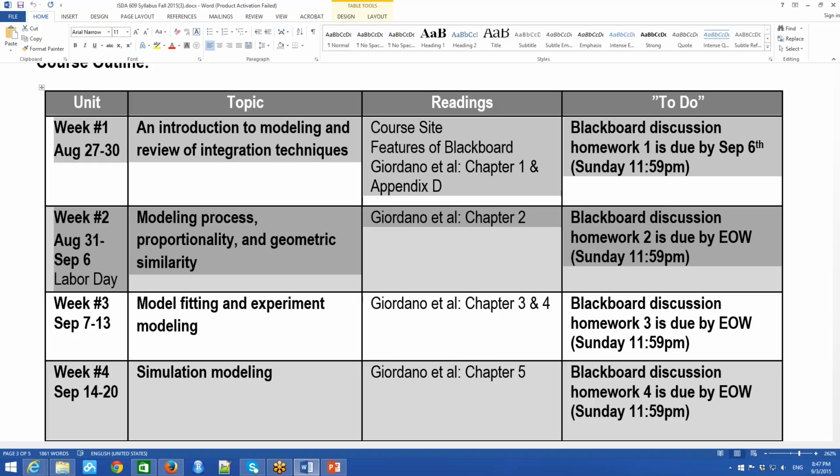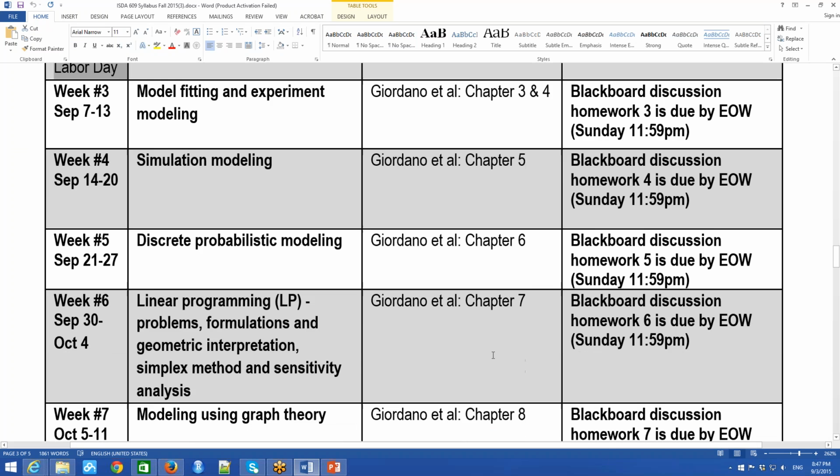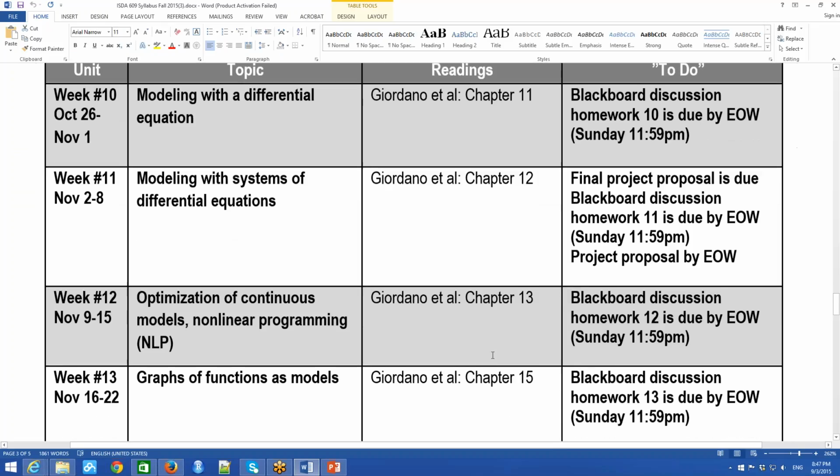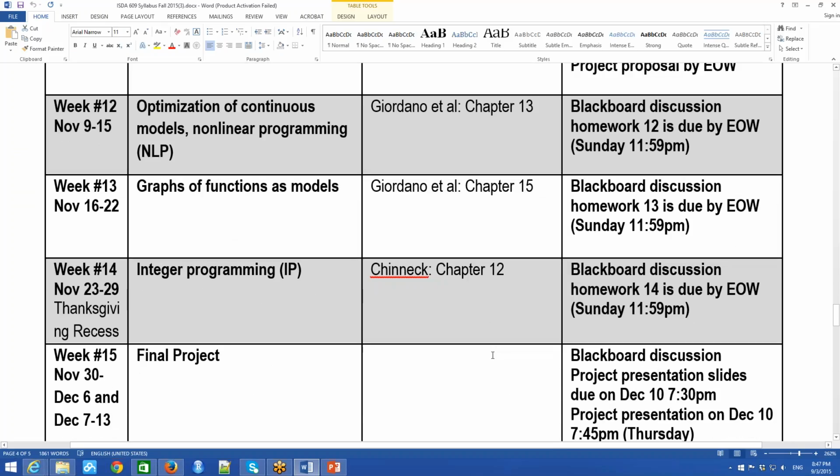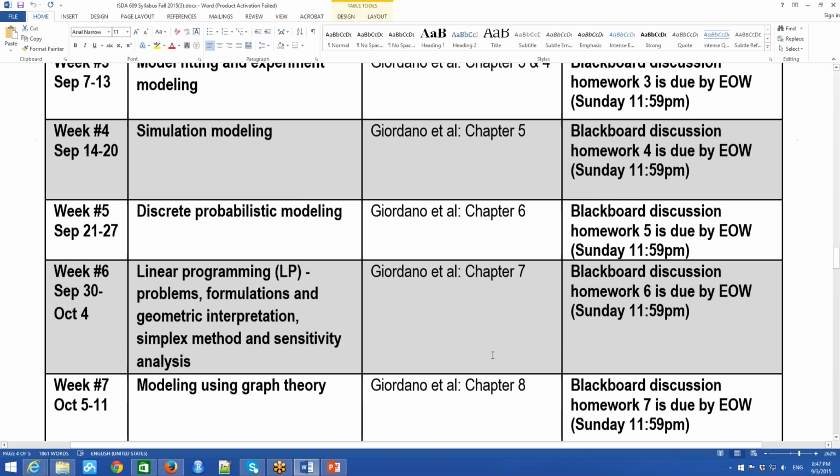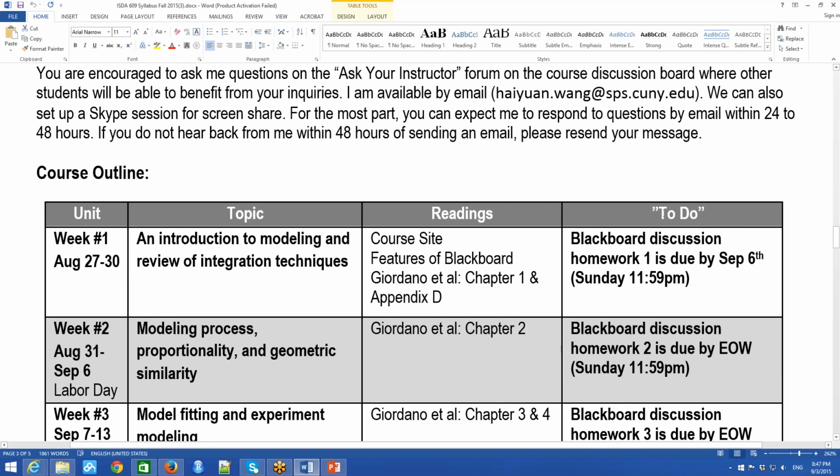So this is the list. Read through the syllabus to understand a little bit more, and then let me know if you have any questions. I'm not going to go through the rest of the weeks' materials, but there is a last column for things to do and also readings that you need to finish for that week.